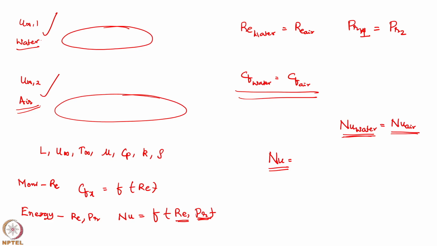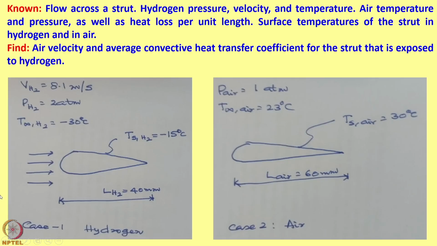So in the coming classes we will solve a problem where we have taken two cases: hydrogen is flowing here and air is flowing here. The length is different in the hydrogen case and the air case, the temperature of the plate is different, and the pressures are different.